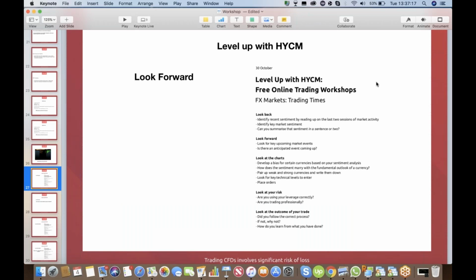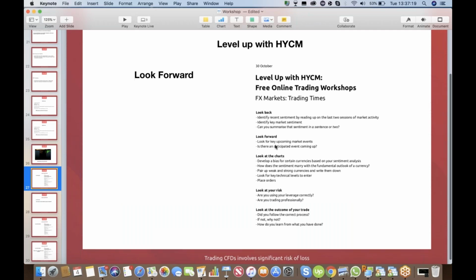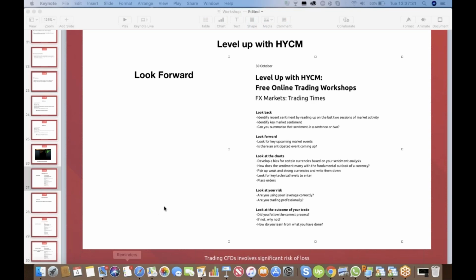Okay, guys, so we have now done our looking back. That's the first part of what we should do. The second part is to look forward. I want to look for key upcoming market events. Is there an anticipated event coming up? Often the market will get into a pause frame of mind. If there's a key event about to come up, the market will often pause, waiting before it initiates a position.